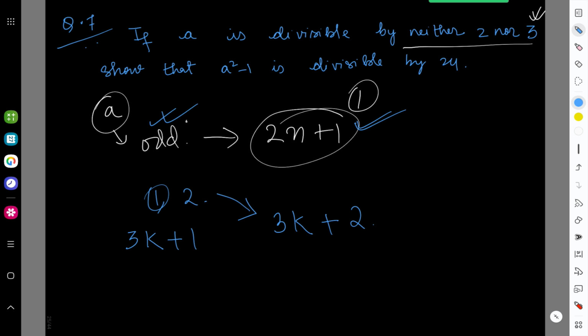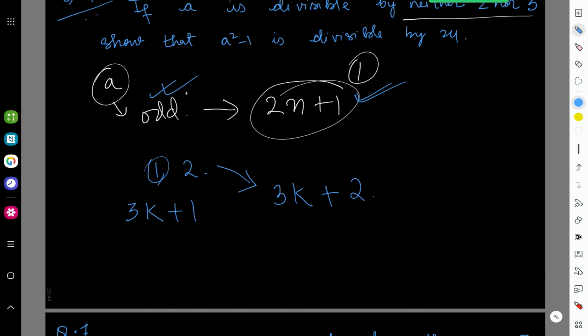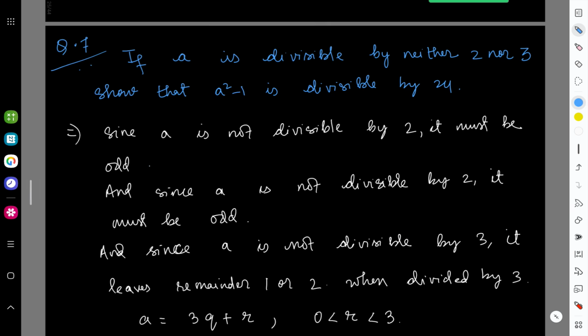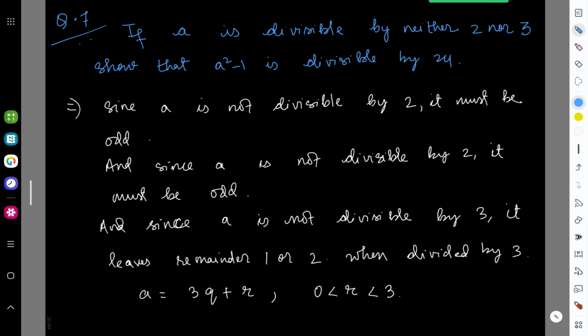And in the next slide, I have explained and written the proper answer. Let us go through the answer now. Question number 7. Since a is not divisible by 2, it must be odd.